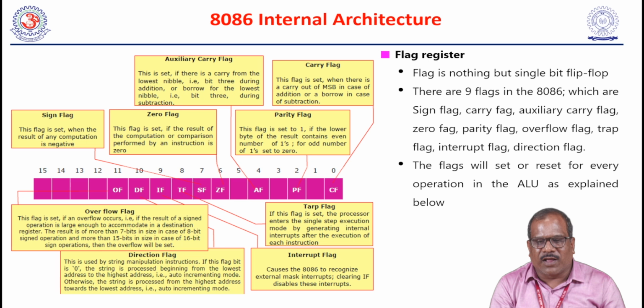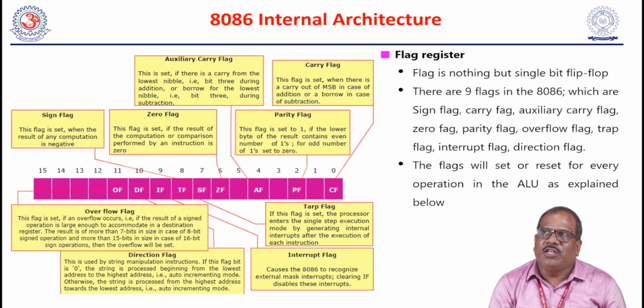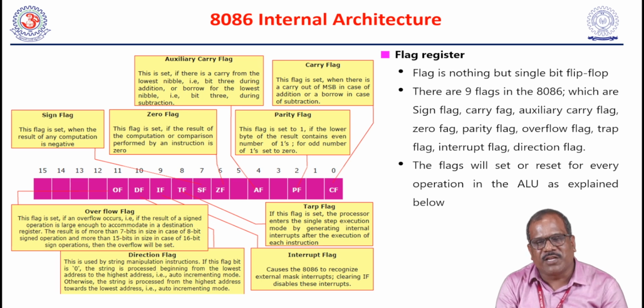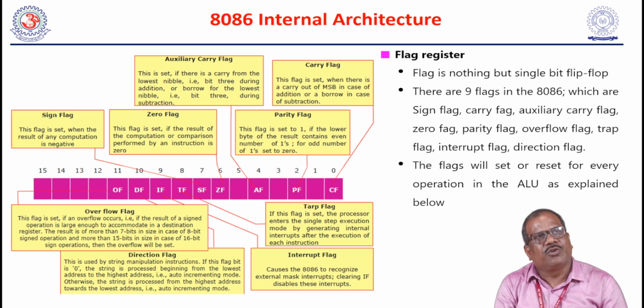Then the direction flag is generally used for string manipulation. When the direction flag bit is reset or 0, the string is processed from the lowest address to the highest address.